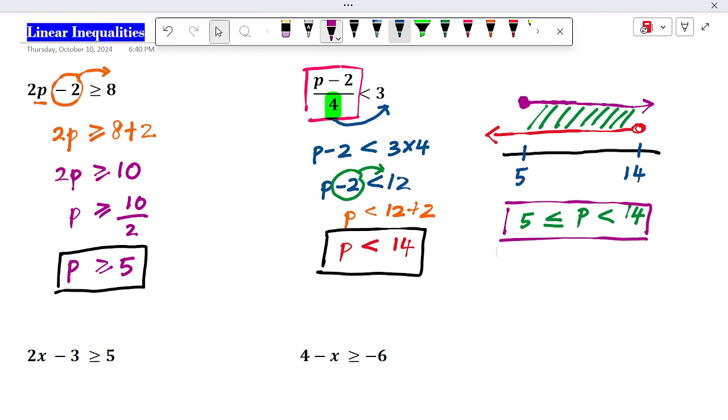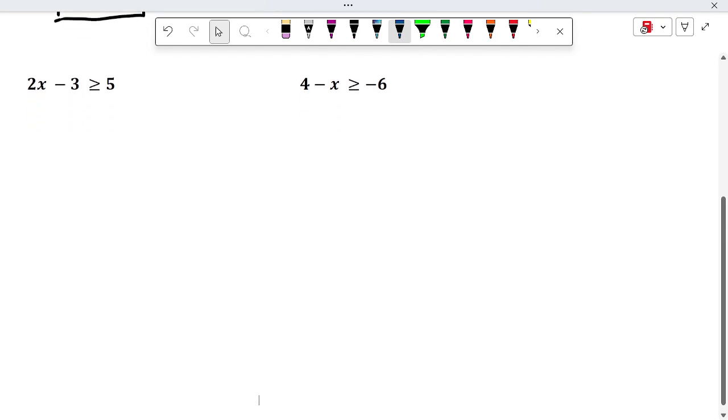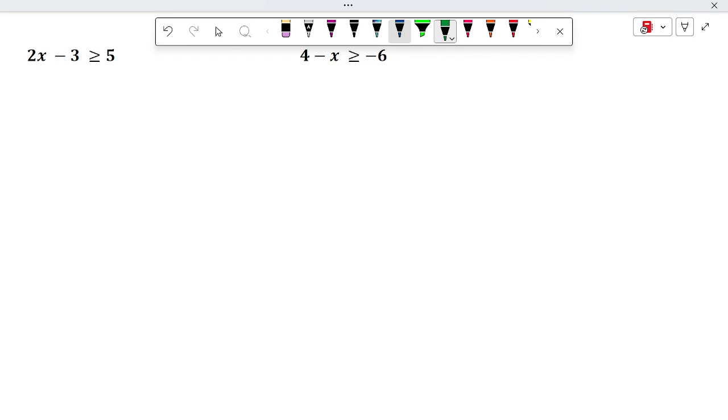Let's try the next question. For this question as well, let's solve separately. -3, you shift here, it will become +3. So 5 plus 3.